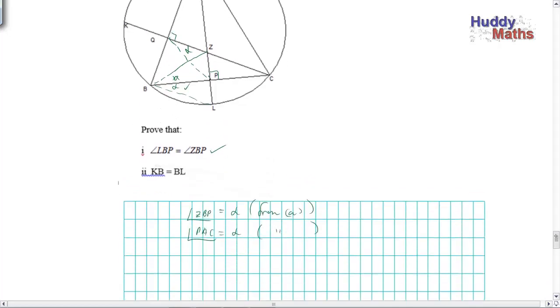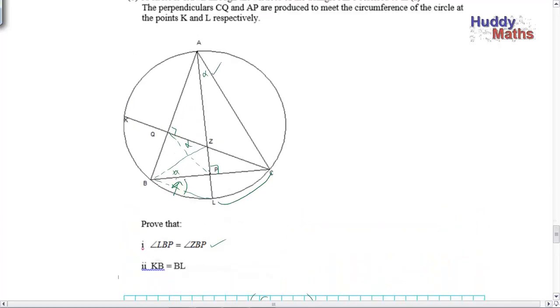So now, what can we say? Angle LBP, I put that in, we didn't show that from before. LBP will be alpha. Why will that be alpha? LBP is subtended by LC, which also subtends that alpha up there.